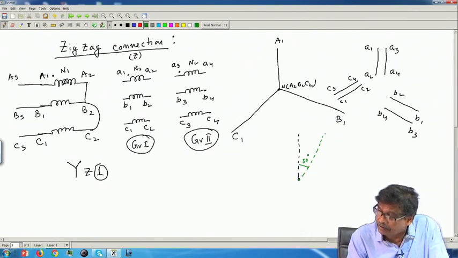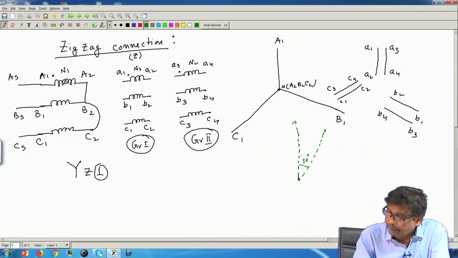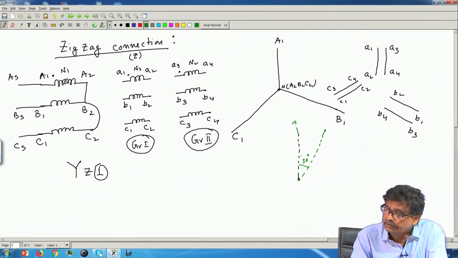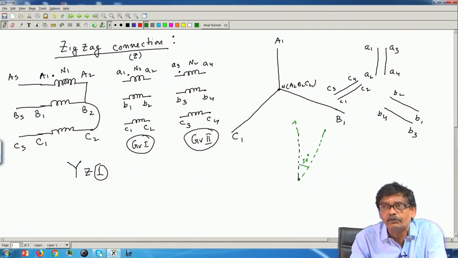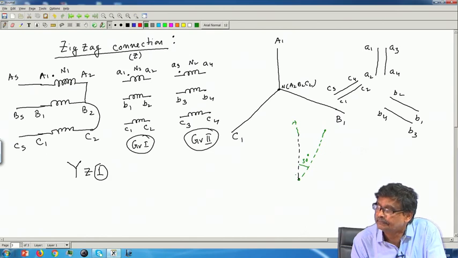So, neutral to A phase on the secondary side must lag. This was my A1, this vertical line, primary. Secondary A phase voltage will lag the primary A phase voltage by 30 degrees. Now, the question is how this phasor can be achieved.